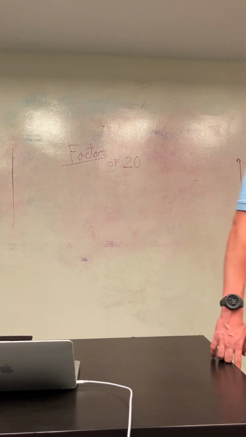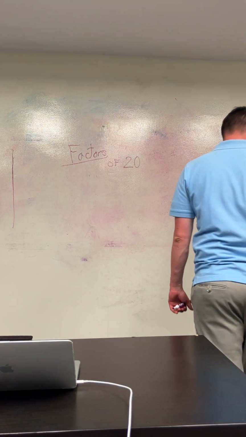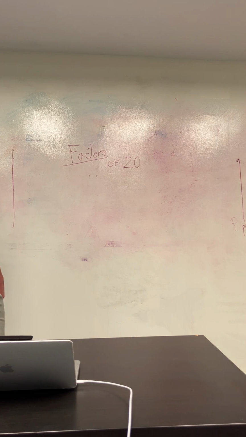Let me see what all you've got. Any other numbers that equal 20? I can't think of anything else that goes to 20. So you got 1 and 20, and then 2 and 10.